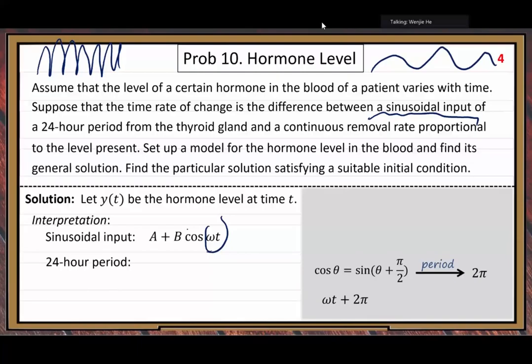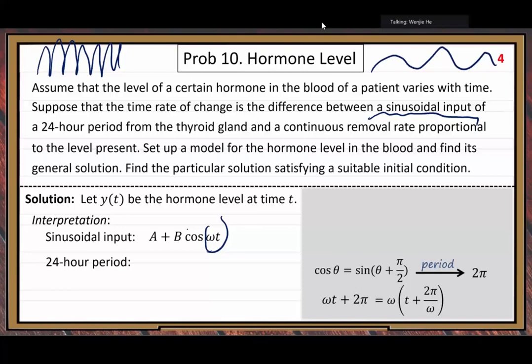So let's write, because omega is a constant, we can factor the constant out. After we factor little omega out, inside the parenthesis is the variable part: variable t plus 2 pi over omega. That means after we add this constant to our variable, then we apply cosine or sine, the function does not change.